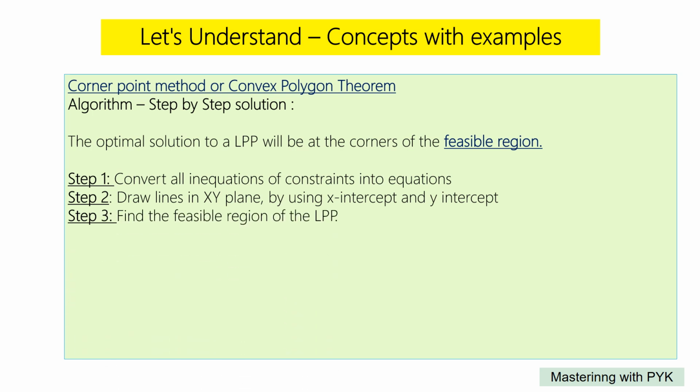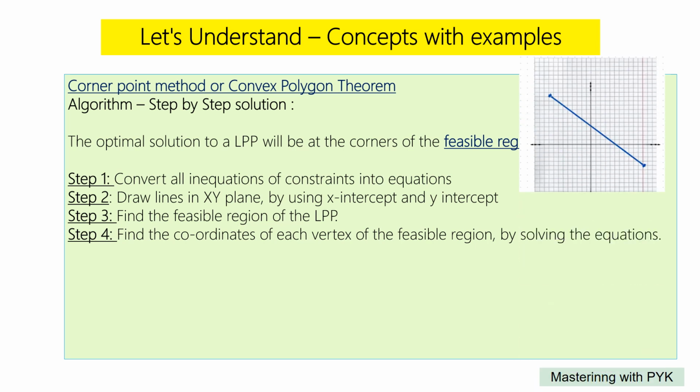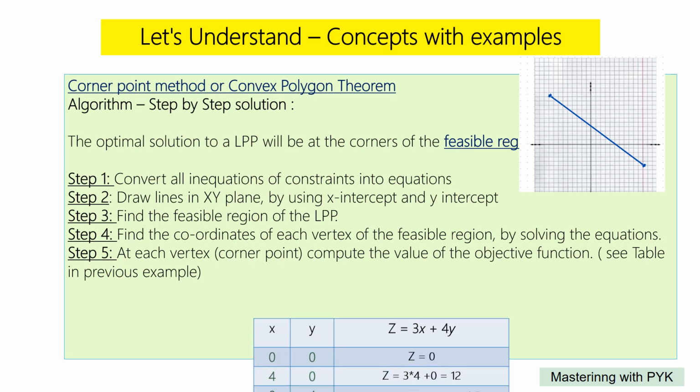Then we find the feasible region for the linear programming problem. So anything beyond the feasible region, we will not be interested in calculating the values. Based on the coordinates of each vertex, we will be solving the equation. Right? So at each vertex or the corner point, we'll be computing the objective function.